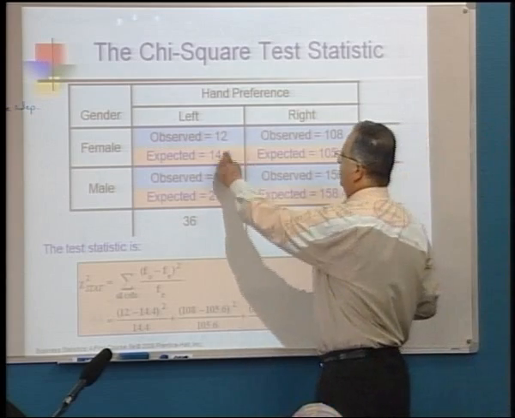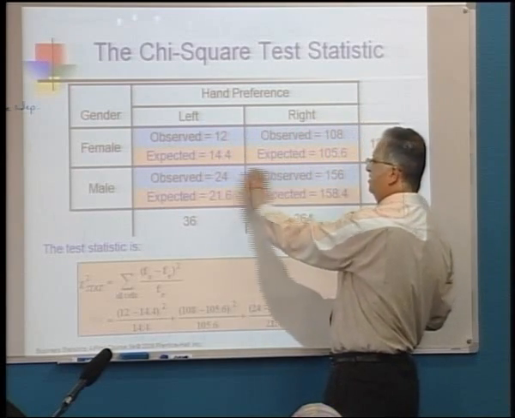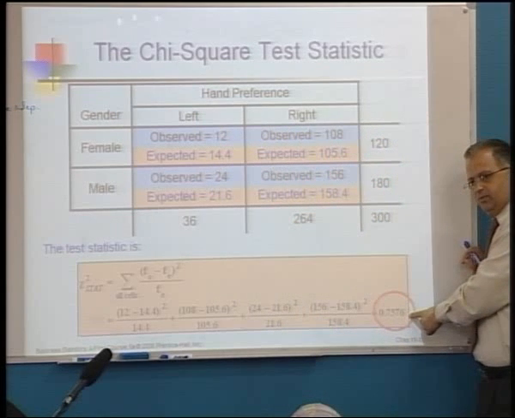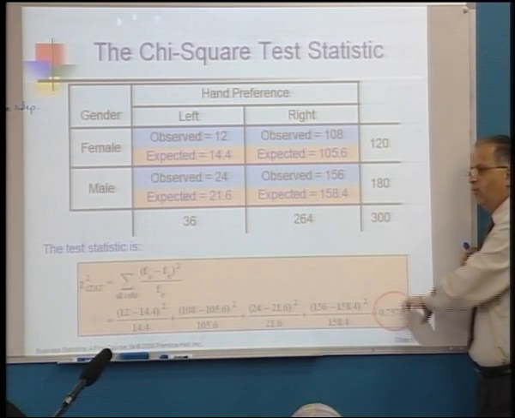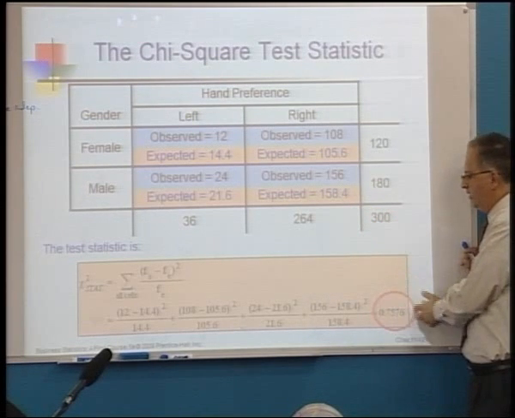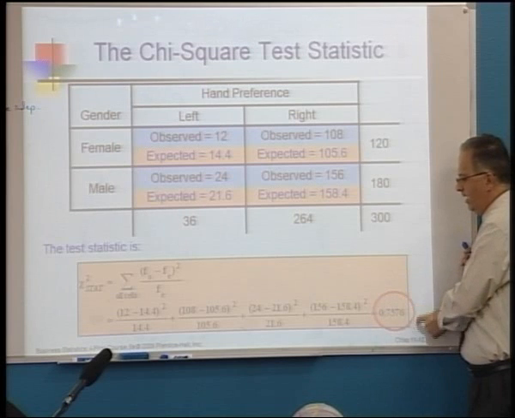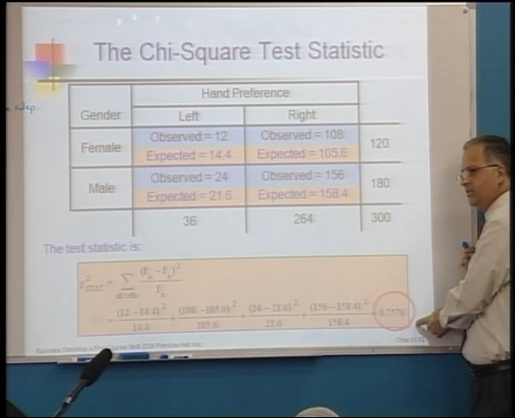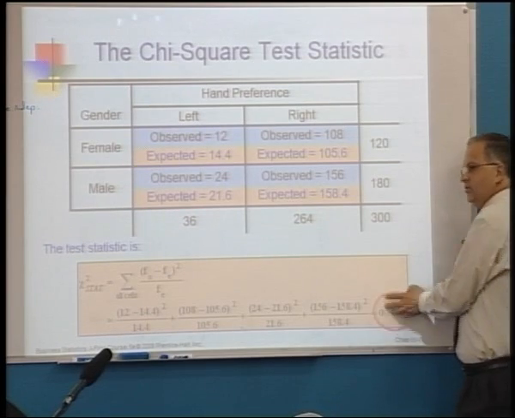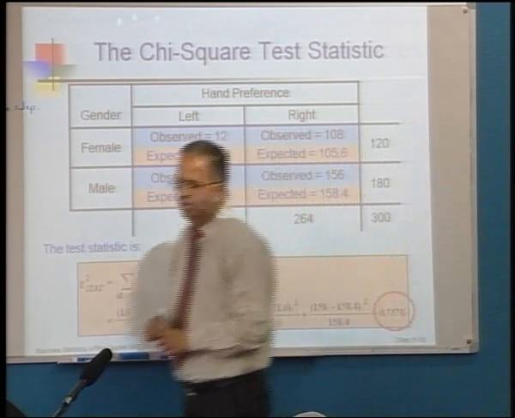Now, the difference between these values looks small, so that leads to a small chi-square. So without computing the critical value, you can determine that we don't reject the null hypothesis because your chi-square value is very small. So we don't reject the null hypothesis.